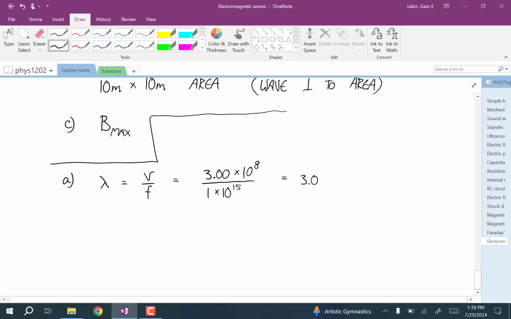And so we get 3 times 10 to the minus 7 meters. And it turns out that that is within the range of visible light, and a wavelength of 3 times 10 to the minus 7 meters is somewhere in the range of like a violet color. So if you see a wavelength like this, your eye is absorbing a wavelength in this ballpark.